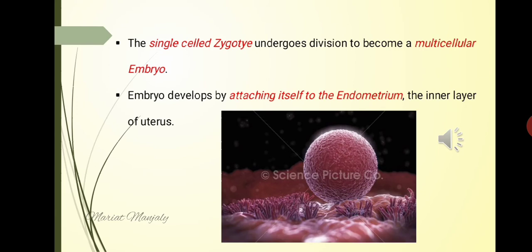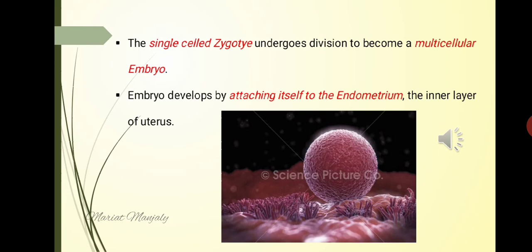The single-celled zygote undergoes division to become a multicellular embryo. The embryo develops by attaching itself to the endometrium, which is the inner lining of the uterus. So, in short, we can say that sperm plus egg gives zygote.